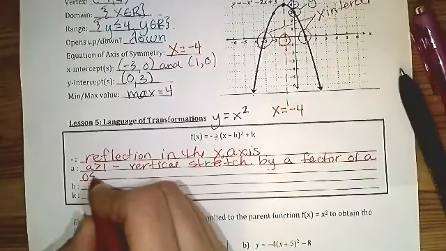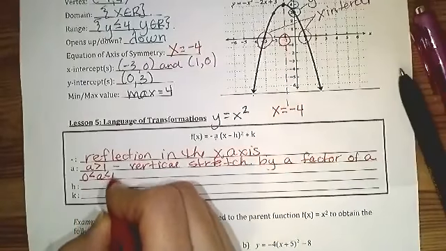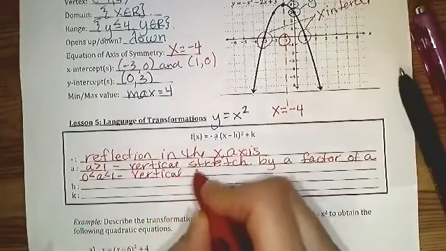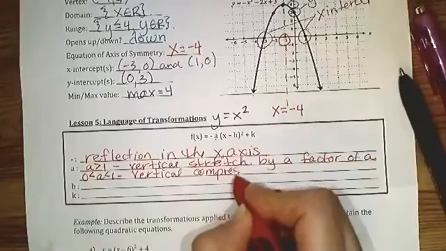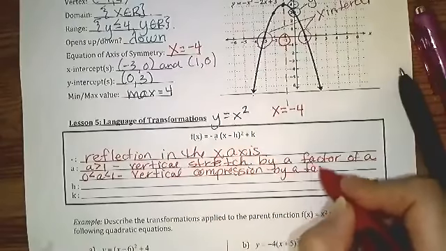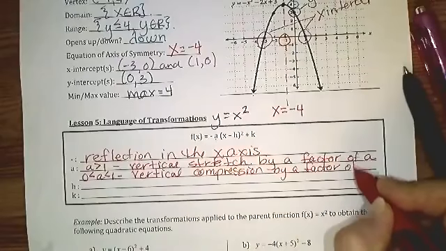If a is between 0 and 1, we have a vertical compression by a factor of a.